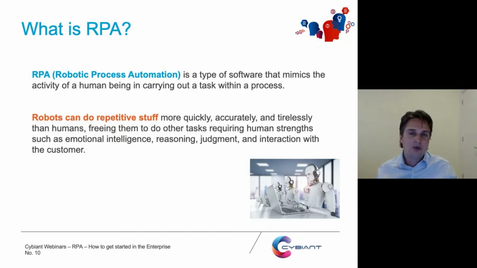When we're saying that a robot is actually executing work, what we're referring to is a software license that is actually executing. So if we're saying that a company is using 10 robots or 20 robots, it just means that they have 10 or 20 software licenses. So the first thing that I want you to understand about RPA is that it's essentially software.